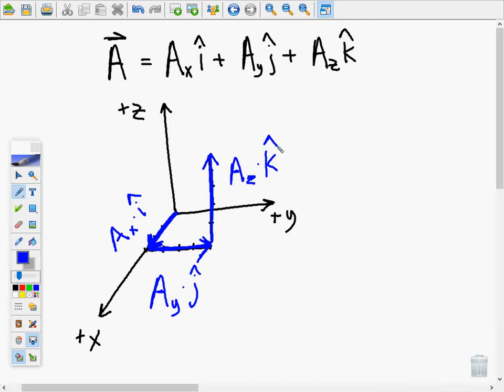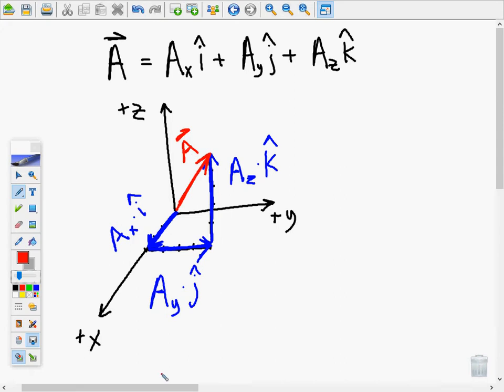Notice those three components are in head-to-tail form. So if I draw a resultant vector from the origin, meeting the head of the last vector drawn, that would be my vector A.